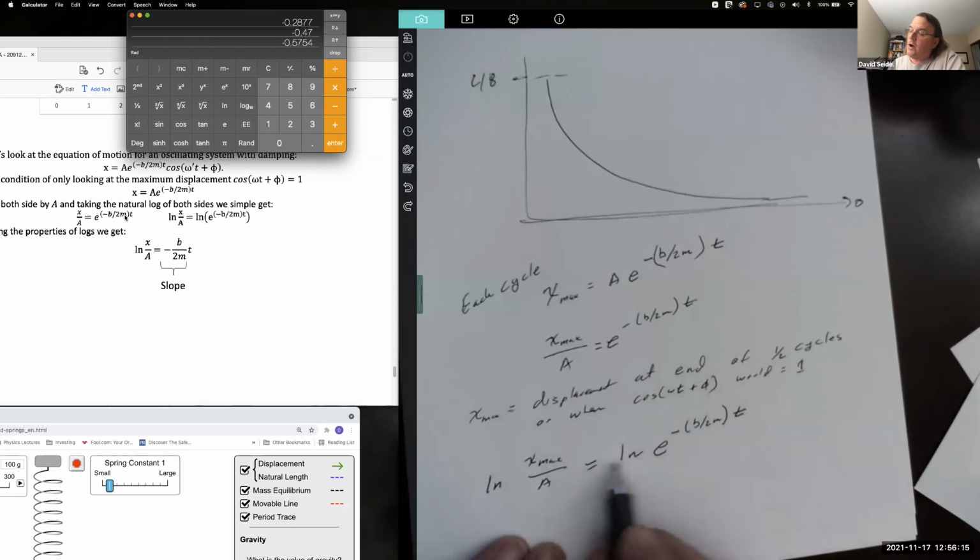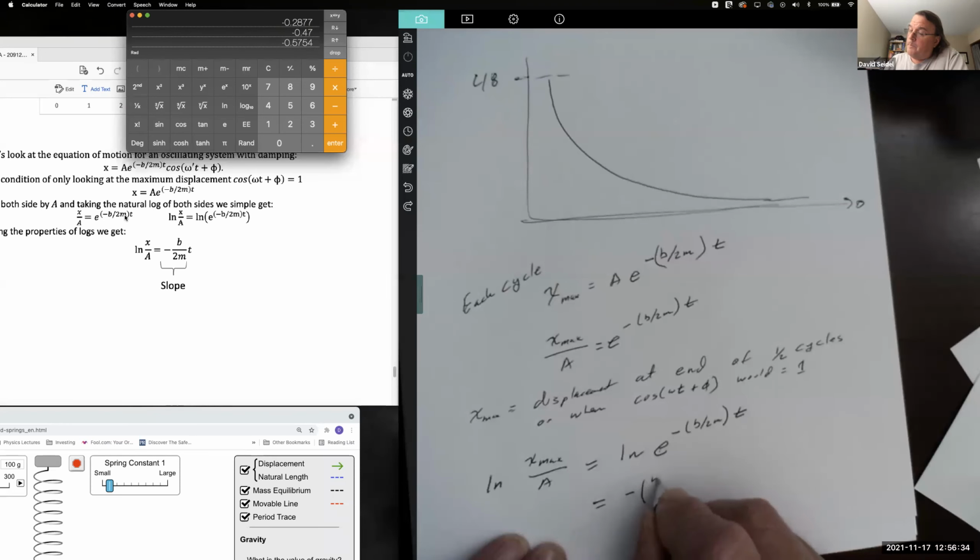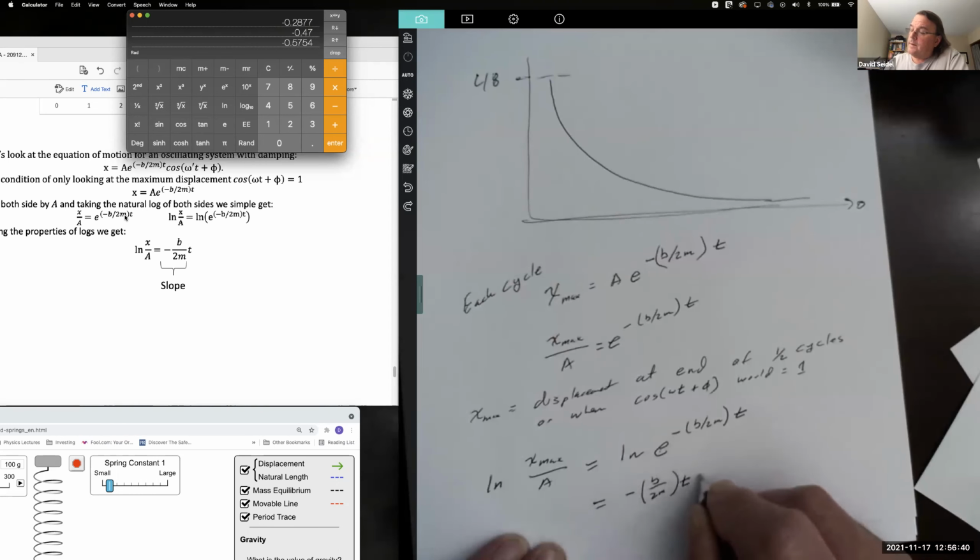But the natural log of e to any value x, properties of logs, is going to equal minus b over 2m times t times the natural log of e.